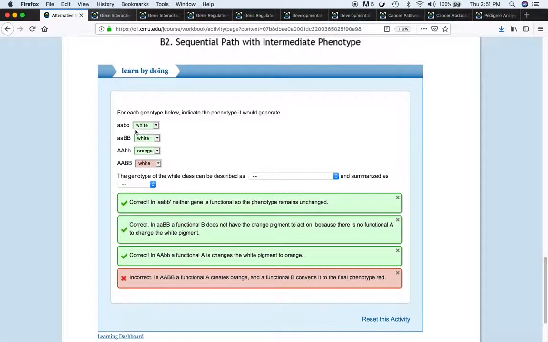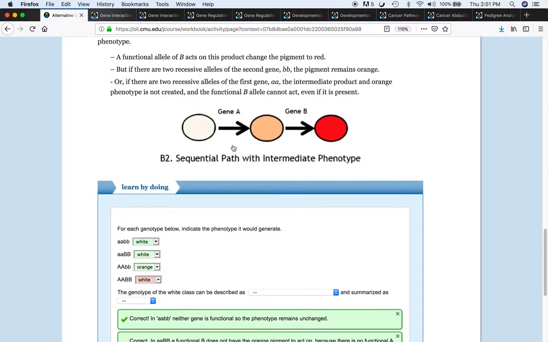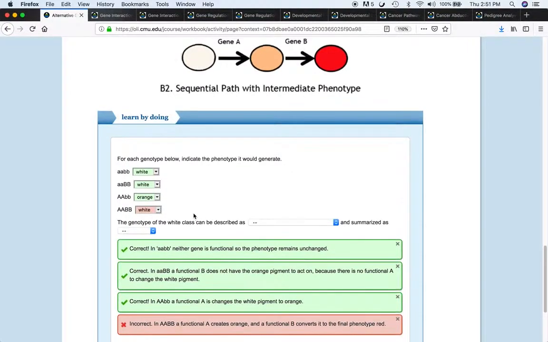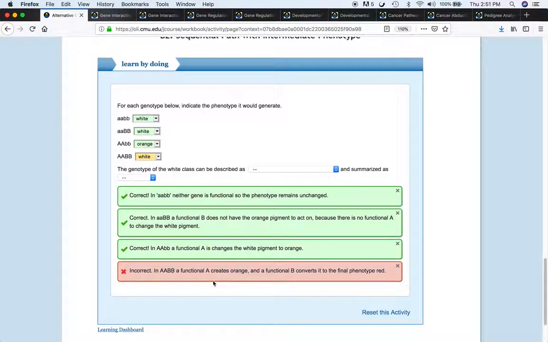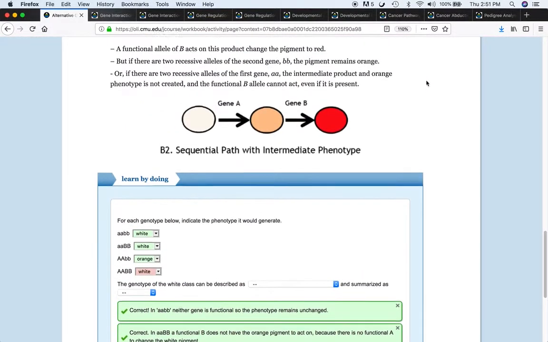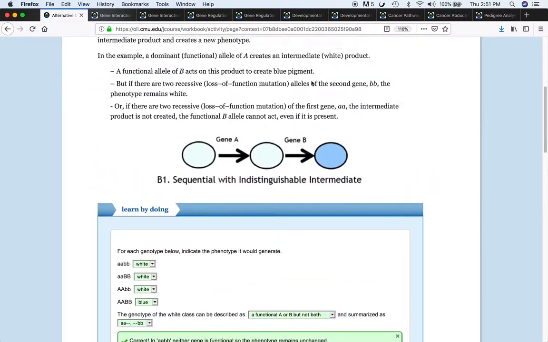This shows an example of what happens as students answer these questions. If they are correct, the answer will turn green. If they're incorrect, the answer they select will turn red, with a description of why what they've selected is incorrect.